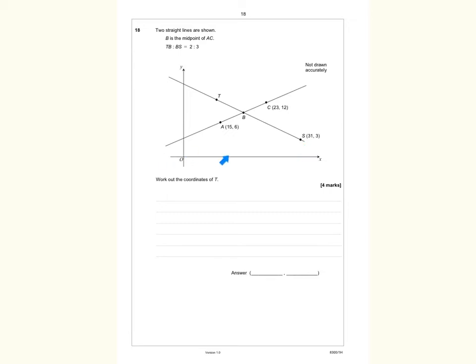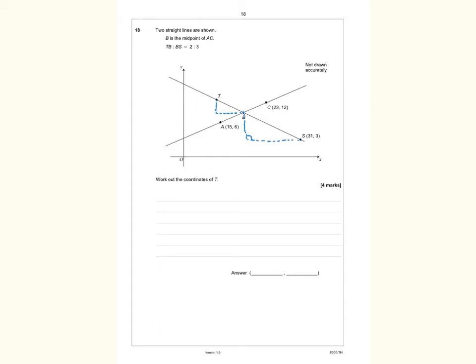The x and y-axis are at right angles, so it's very useful to think of right angle triangles that go parallel to the x-axis and parallel to the y-axis. That might help us. What I mean by that is, after you've found the midpoint here, which is B, think about a right angle triangle like this and a right angle triangle like that.